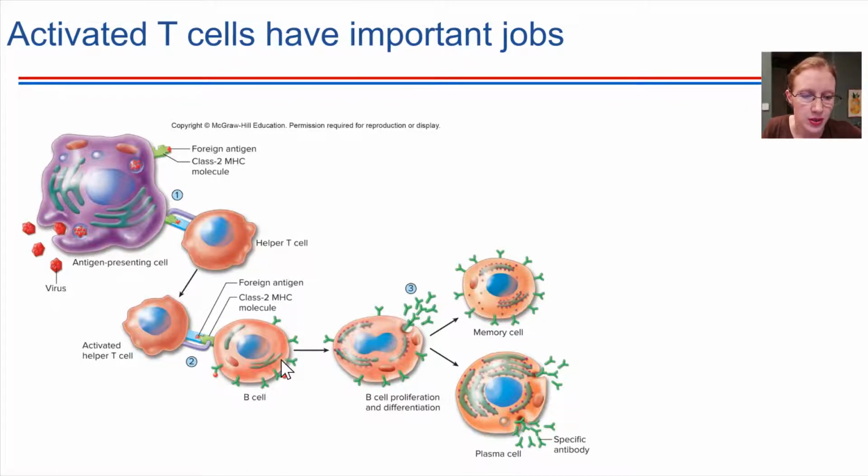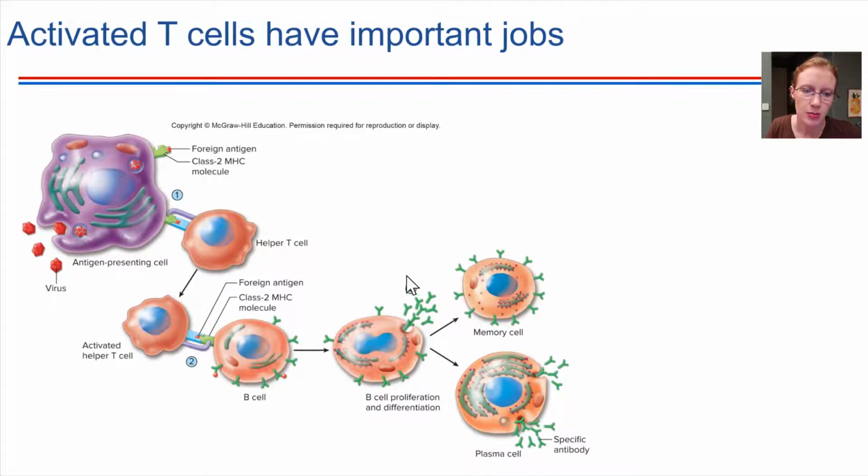The helper T cell tells the B cell to become activated. The B cell will start proliferating. Some of them will become memory cells, others will become plasma cells, and these are going to start producing a whole bunch of antibodies that are specific to this particular antigen, which came from a virus in this case.